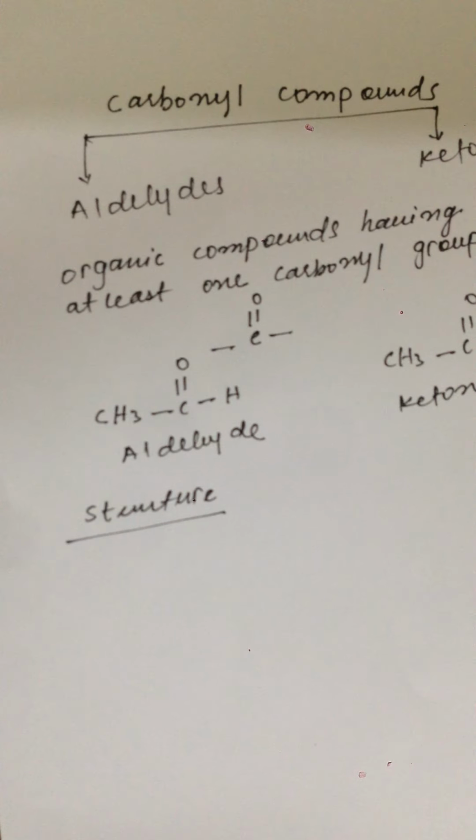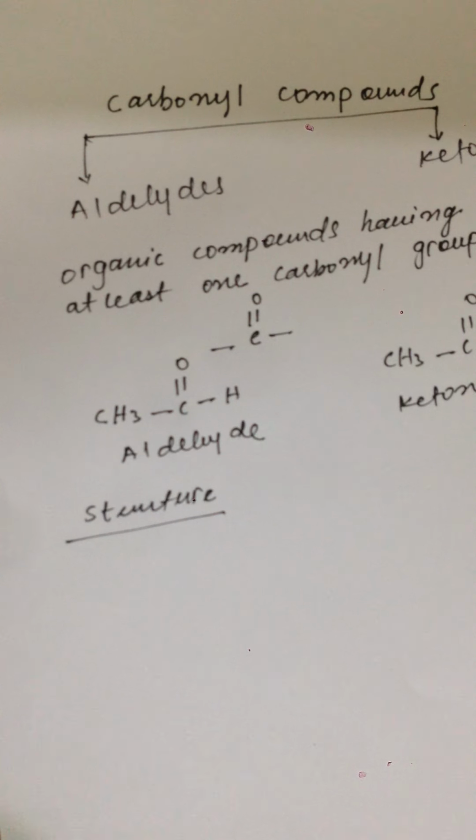The three atoms attached to carbon lie in a plane with bond angles of approximately 120 degrees. The pi bond is formed by the overlap of p orbital of carbon with p orbital of oxygen. There are two unshared pairs of electrons on the oxygen atom of the carbonyl group.